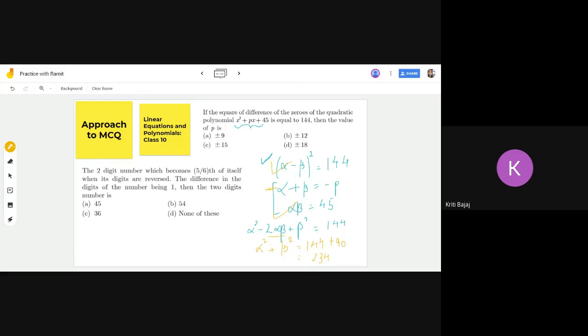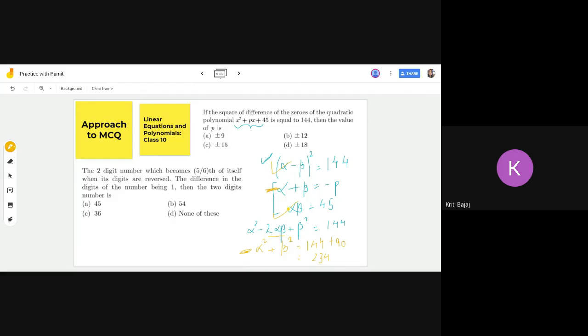So what shall we do here? Which identity? Alpha square plus beta square is equal to 234, and alpha plus beta is equal to minus p.